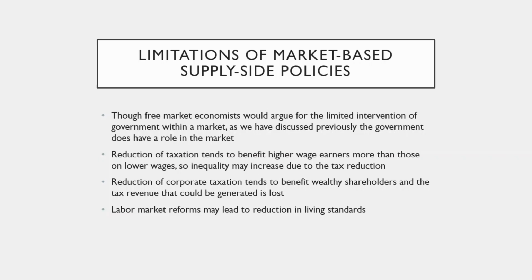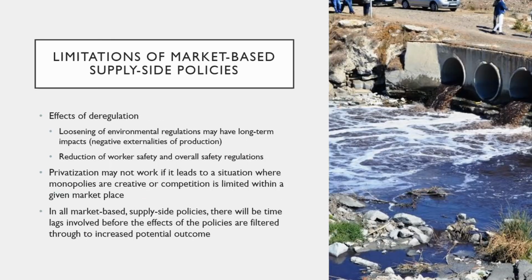Labor market reforms may lead to the reduction in standard of living. For deregulation, loosening of environmental regulation could have long-term impacts on sustainability. Privatization might not work if it leads to a situation where monopolies are created. In all market-based supply-side policies, there will be time lags involved with the effects of these policies that are being filtered through the increased potential outcome.